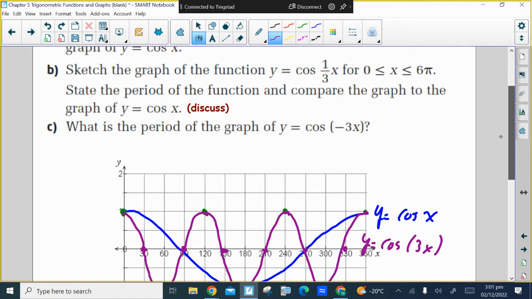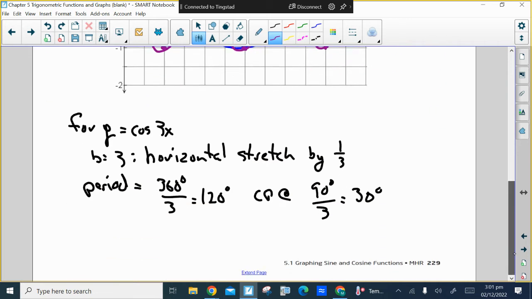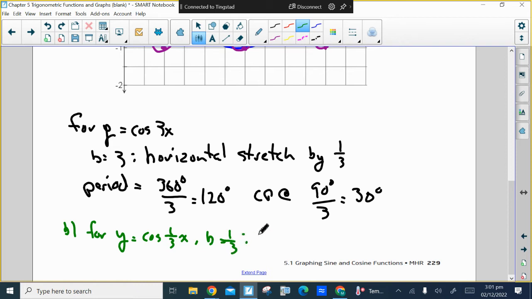Now for part B, for the cos of 1/3 x, a b value of 1/3, which means a horizontal stretch by 3.